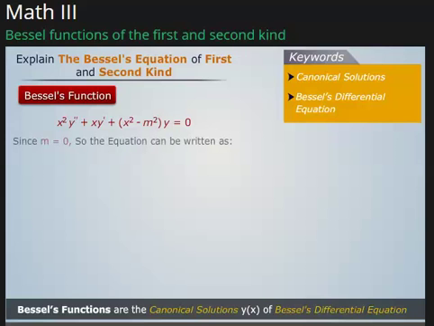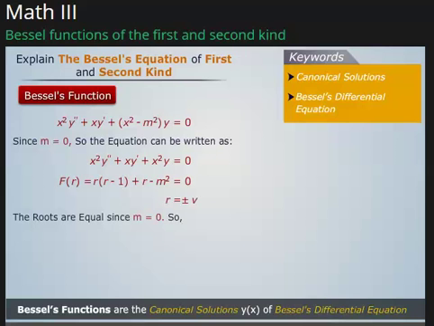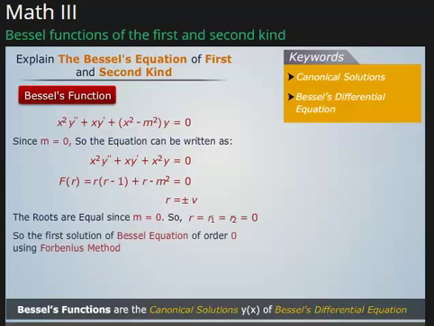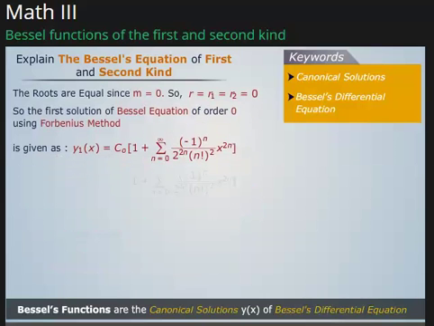order 0. Since m is equal to 0, the equation can be written as, the indicial equation is, the roots are equal since m is equal to 0. So the first solution of Bessel equation of order 0 using Frobenius method is given as, the function in brackets is known as the Bessel function of the first kind of order 0 and is denoted by J0(x).